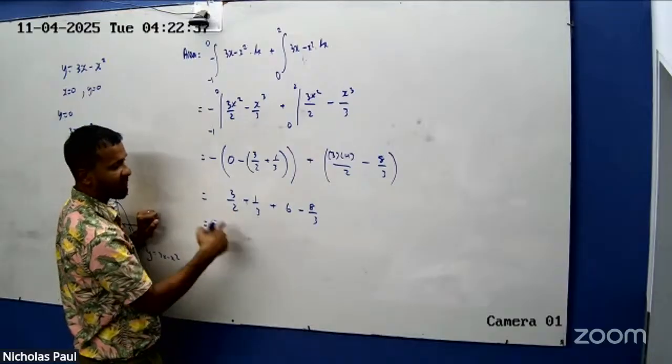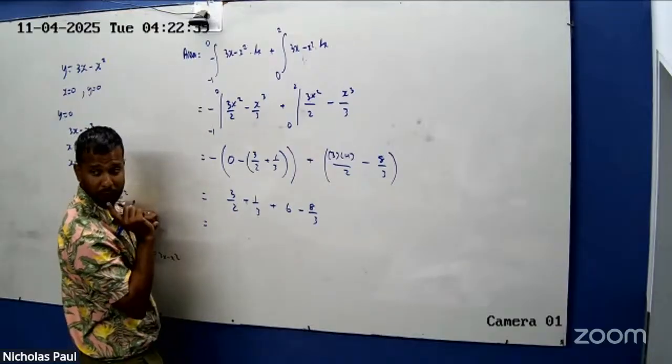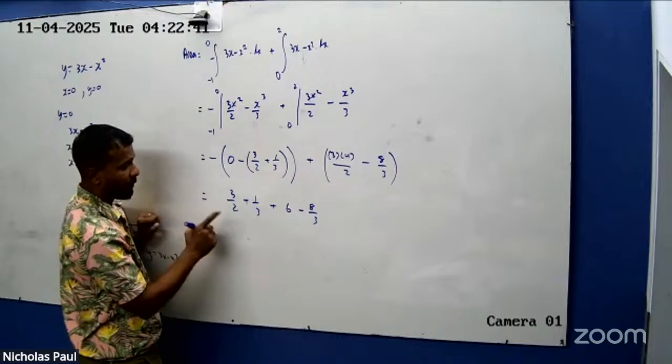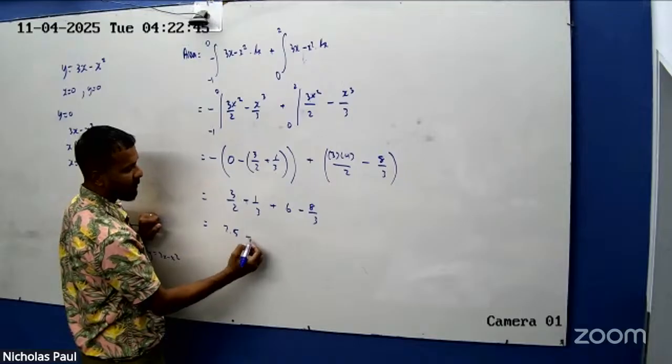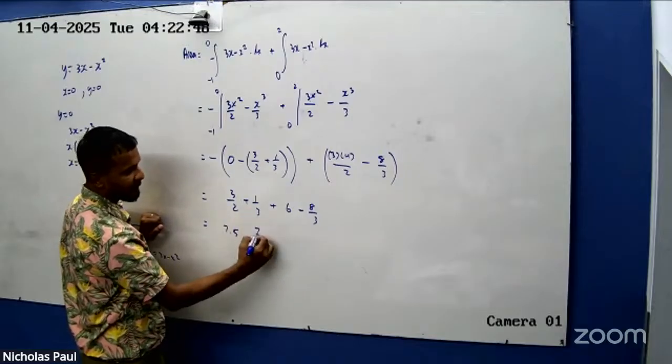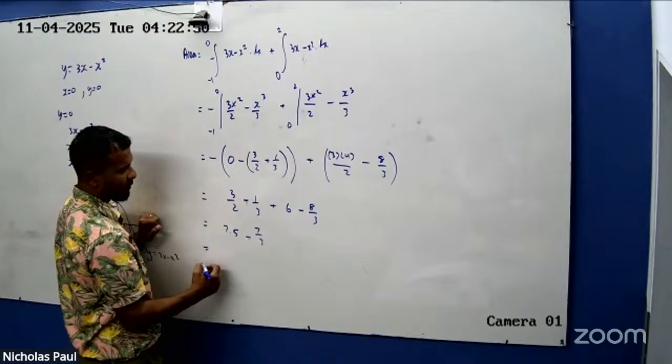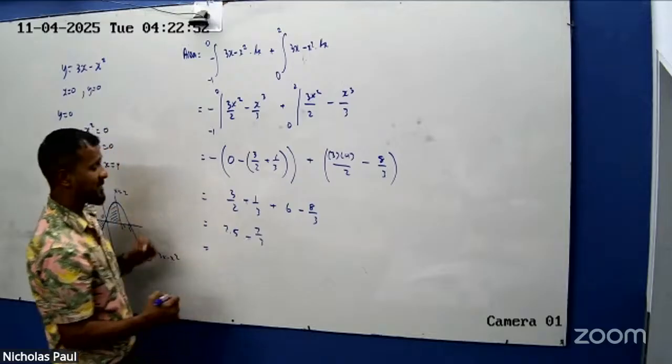How much is this? 3 on 2, so that's 7.5 minus 7 on 3. How much is that?